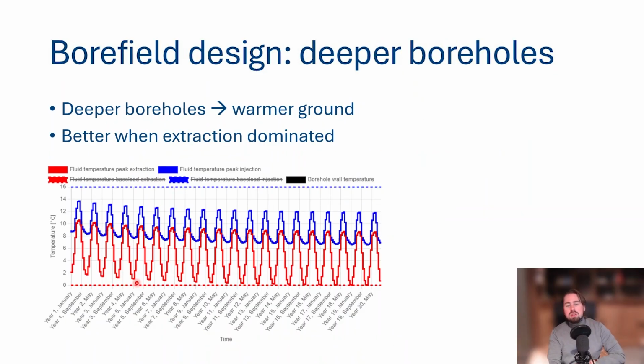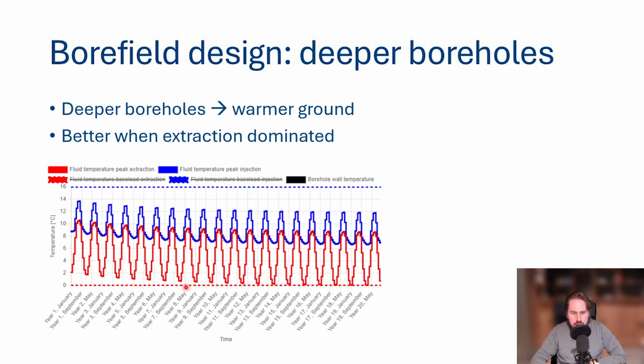And the other option is to drill deeper. Because when we have deeper boreholes, the ground is warmer, because we're closer to the Earth's core. And this means that it's better when we're extraction dominated.